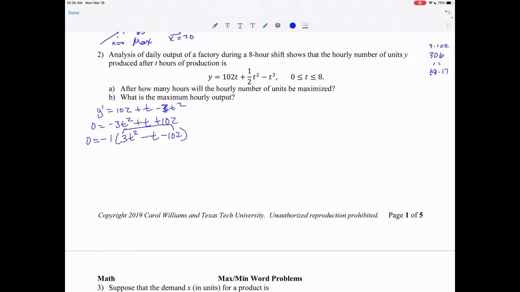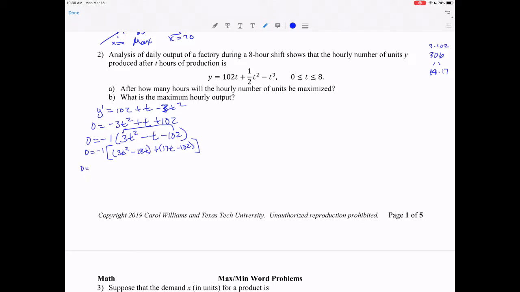And so now I'm going to go through how to factor this. So that's 0 equals negative 1 times 3t squared minus 18t plus 17t minus 102. Okay, and you're going to group the first two together and the last two together.